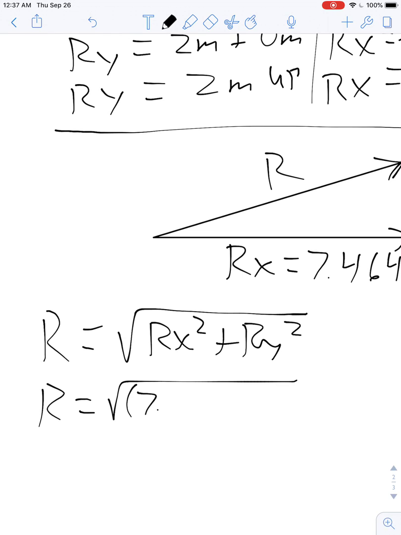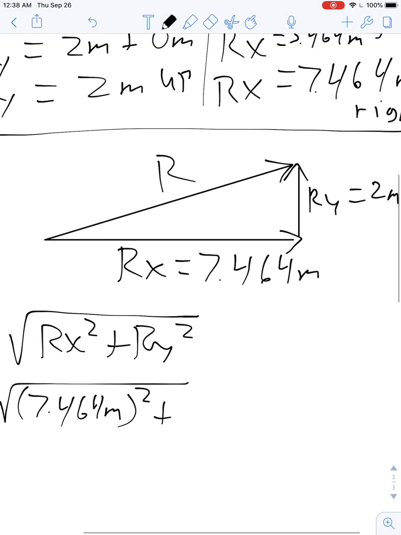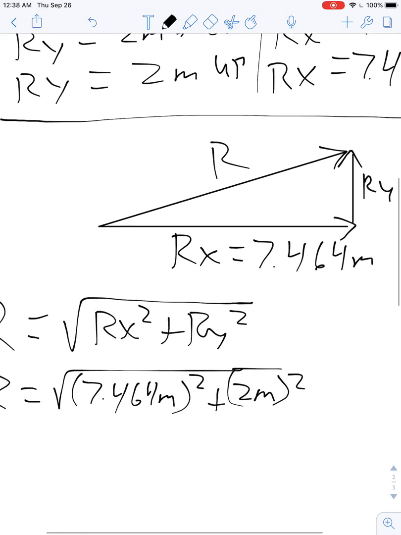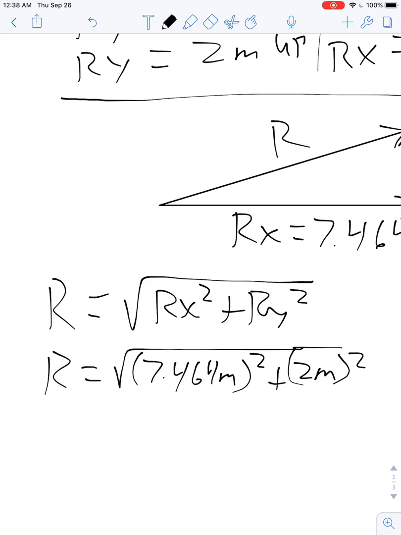Rx is that 7.464 meters, so I would take that and square that, and I'm going to add that to my Ry, which is 2 meters squared. Add that all up, take the square root, and you should get a value that is 7.727 meters.